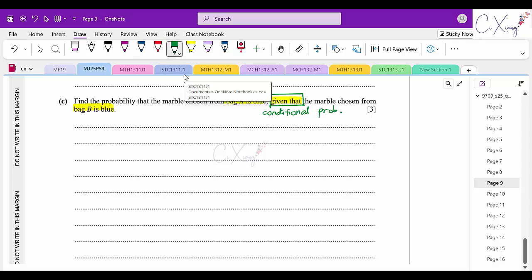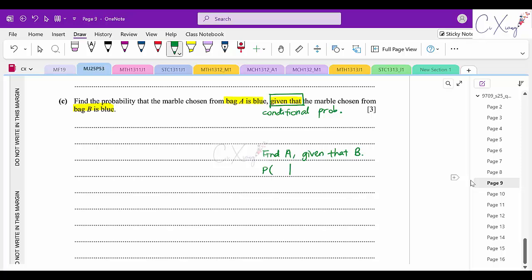Usually the question will ask you like this, find something given that something already happened. Let's say find event A given that B already happened.